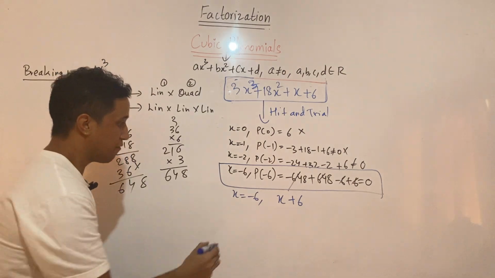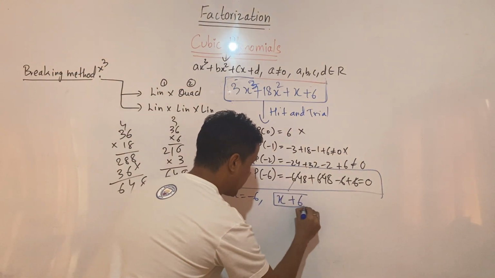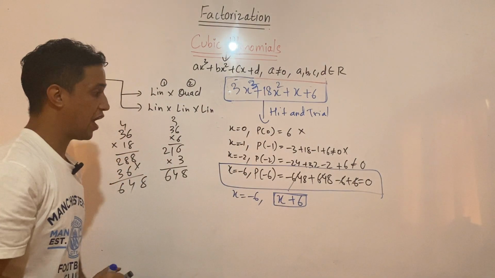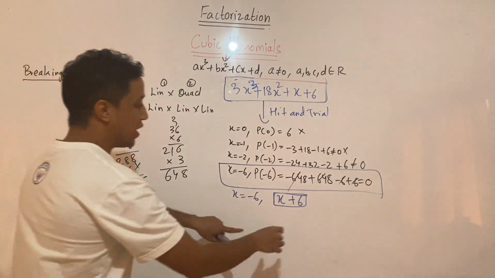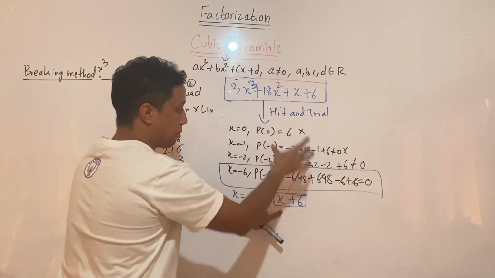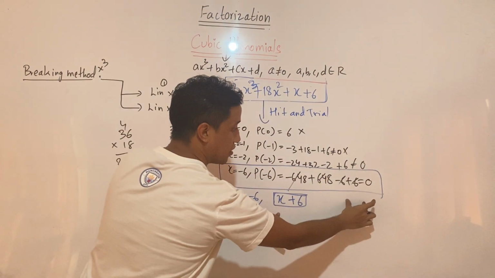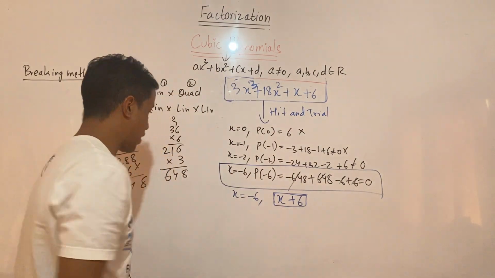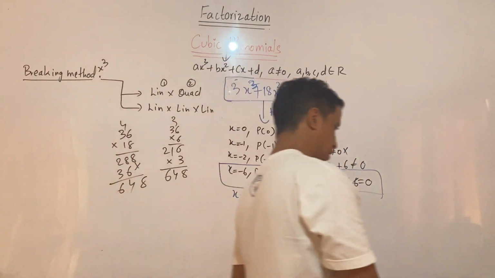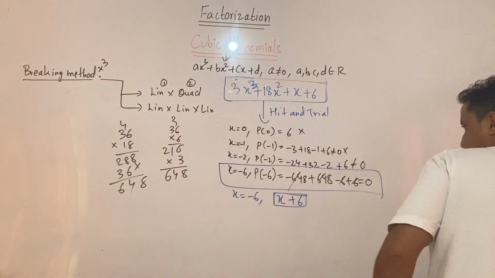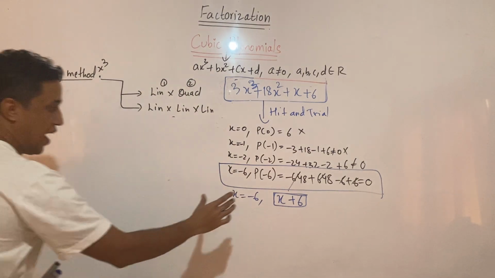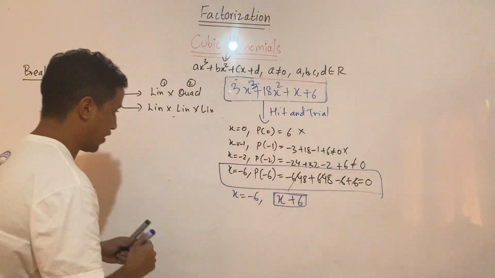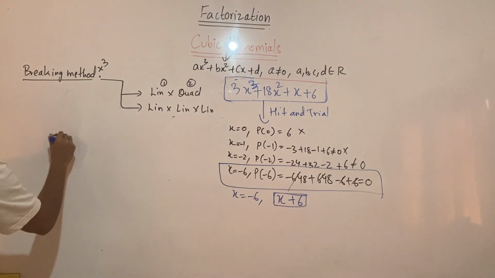Now see here, from here I got my first expression. Now what I can do is, if I divide this by this, I will get a few more factors, right? Now I know x plus 6 is one factor. Okay, x plus 6 is one factor.